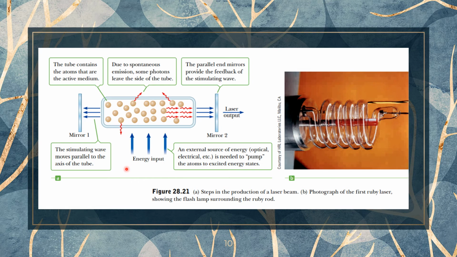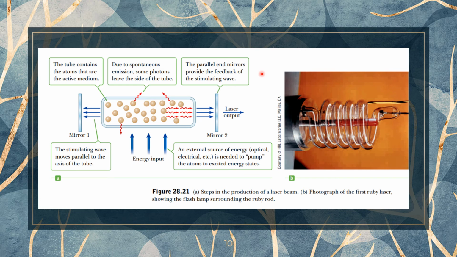Then two reflecting mirrors are placed at the ends of the tube to confine the photons to the tube. One of the mirrors is made totally reflecting, and the other is made slightly transparent to allow part of the laser beam to escape.